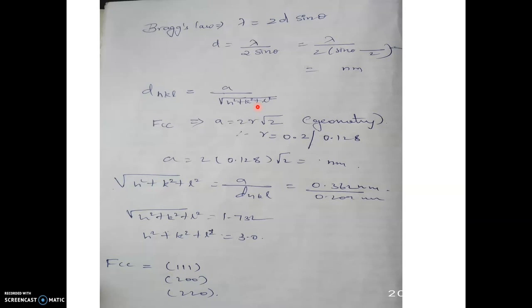Okay, so for example, a is equal to 0.362 and the d value is 0.209 nanometer. So the nanometer will be cancelled and you will get this value.